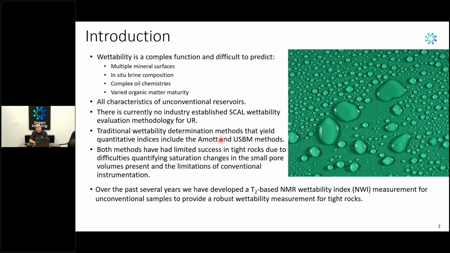For example, pushing fluids through these samples can be difficult due to their low permeabilities. For these reasons, over the past several years, we've developed a T2-based NMR wettability index for measurement of the wettability of unconventional samples and to provide a robust wettability measurement for tight rocks.